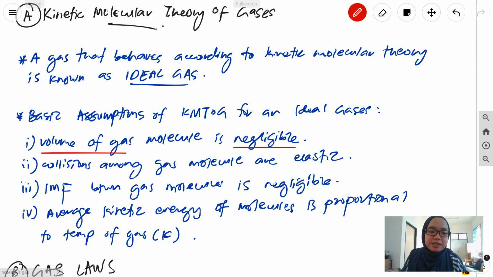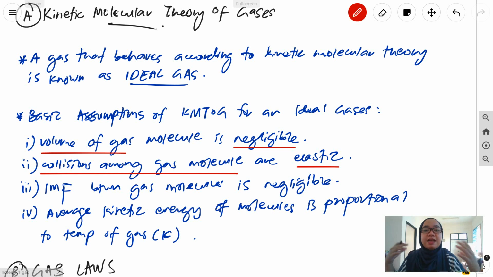Alright, and the second one says that the collisions among gas molecules are elastic. Gas particles move in a random and continuous motion, and continuously collide with each other. So what does it mean by the collision being elastic? That means that the kinetic energy before the collision is equal to the kinetic energy after the collision.